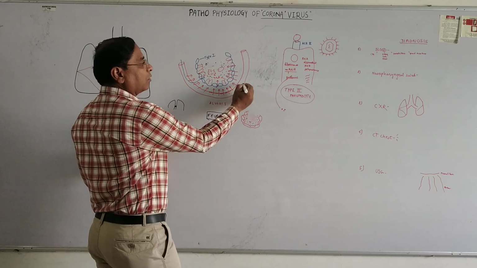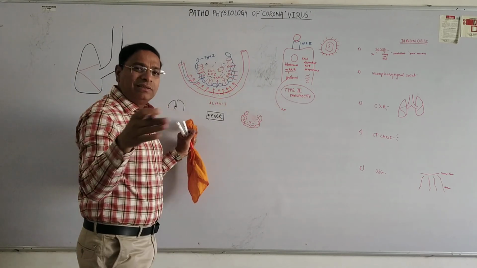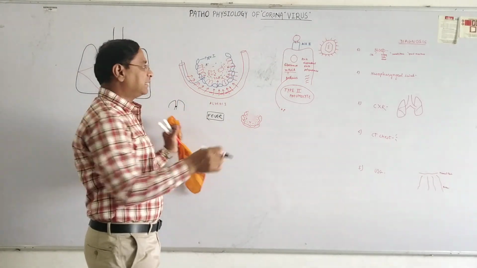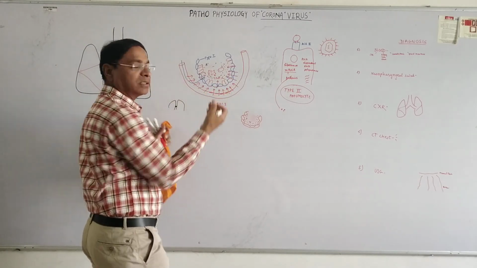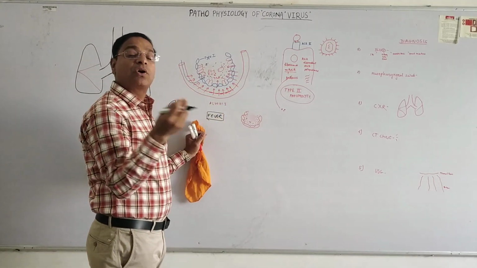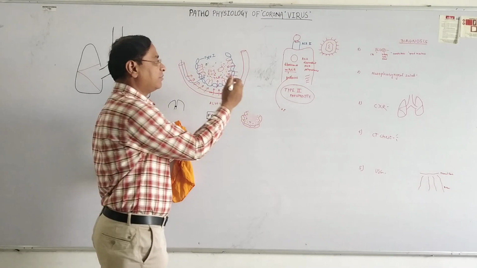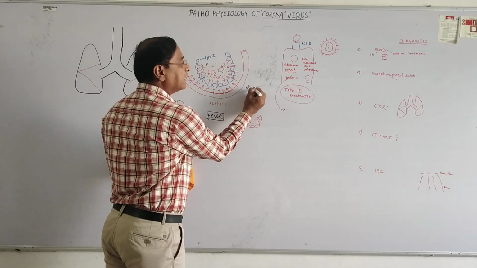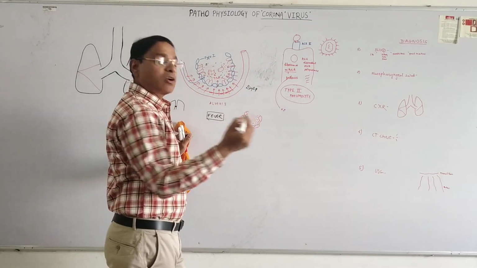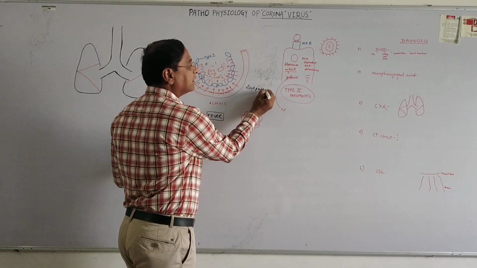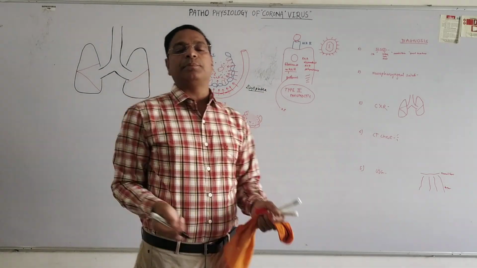Before that, because there is decreased gas exchange, and because there is pressure by this interstitial fluid, and because there is collapsing of the alveoli, there also will be increased work of breathing, what we call dyspnea. Shortness of breath will be seen.